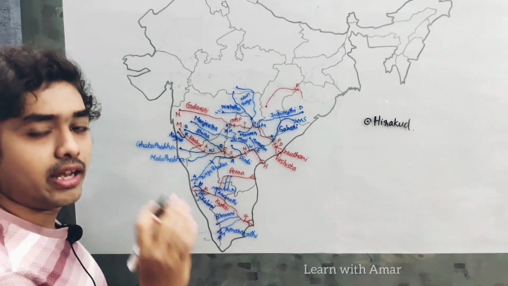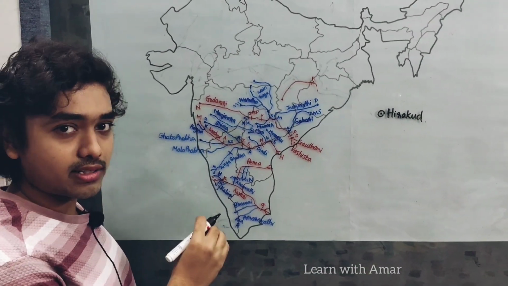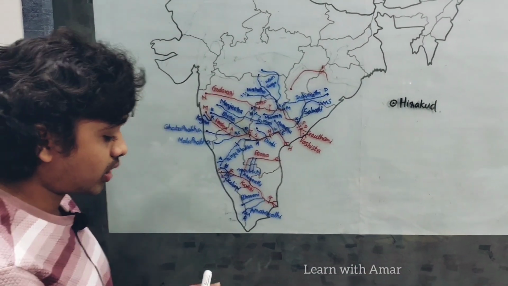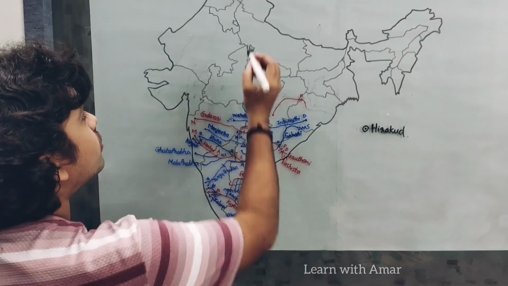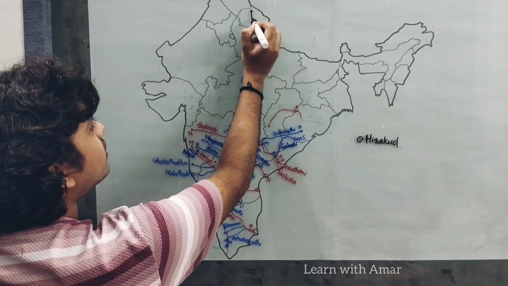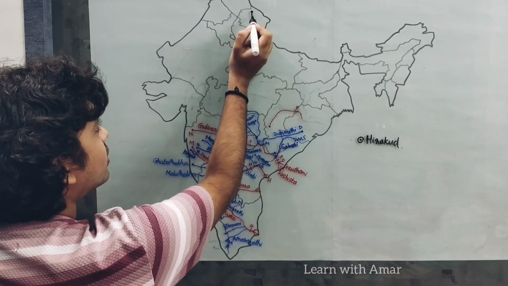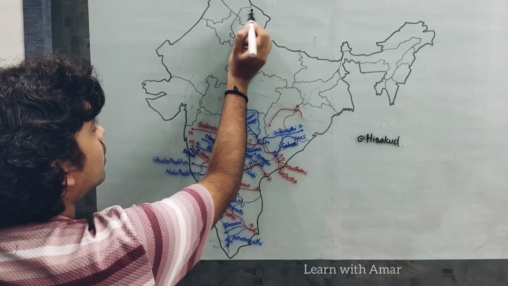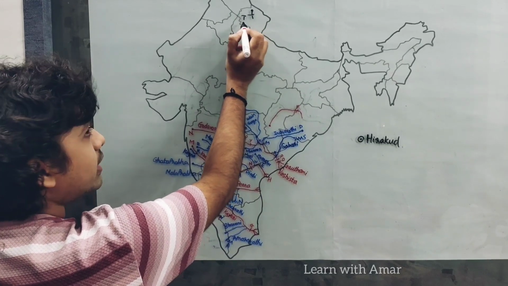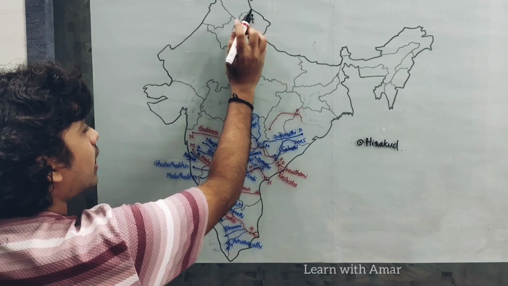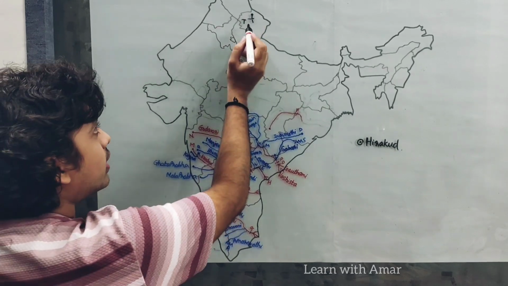If you remember, in our previous video we talked about the largest dam and the highest dam too. We find the Bhagirathi river approximately around here in Uttarakhand, on which the Tehri Dam lies, which is the highest dam in India.